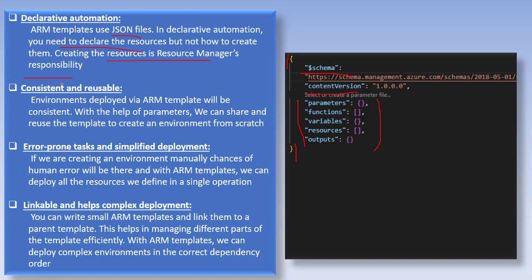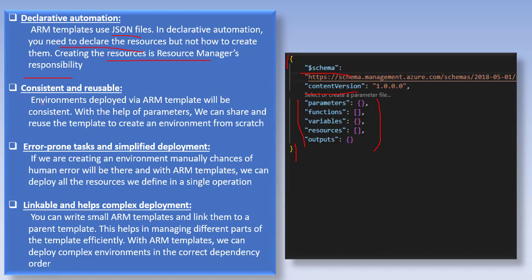Once you declare it, Azure Resource Manager will take care of creating those resources automatically for you. JSON follows a declarative approach, hence you can use the declarative approach over here.